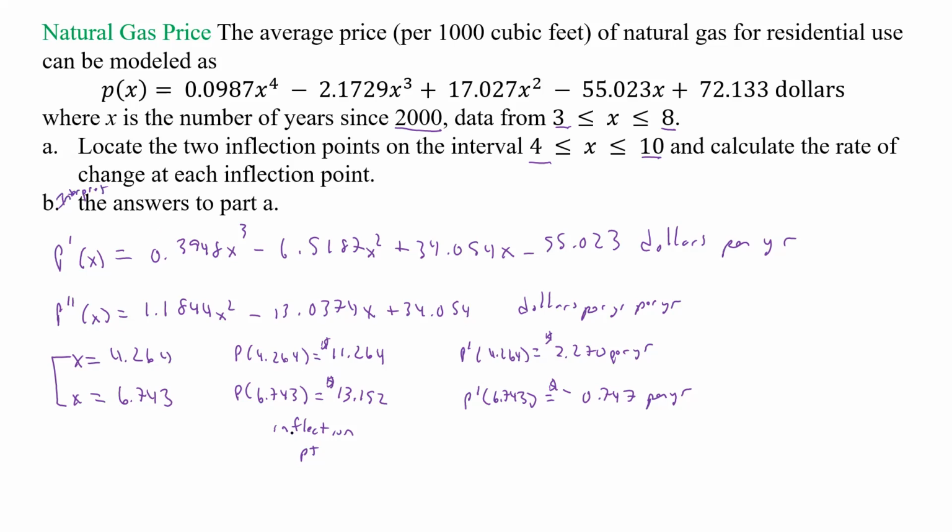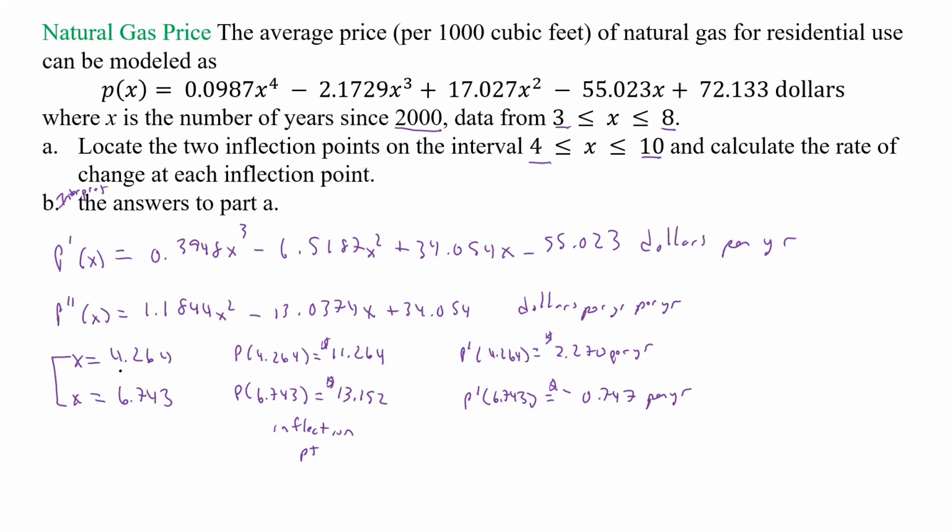All right, so what we have then is that between 2004 and 2010, the average price per 1,000 cubic feet of natural gas was, I guess we can say, increasing most rapidly. And we probably should write down when these things were.